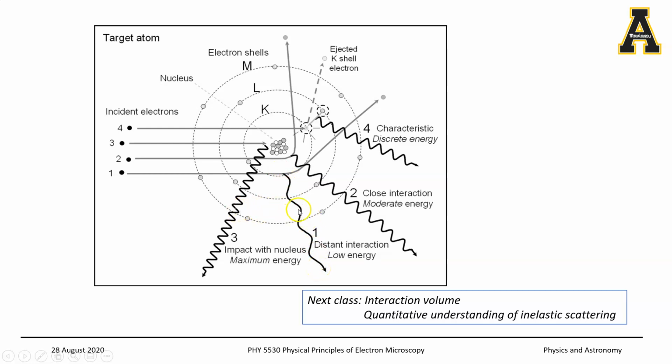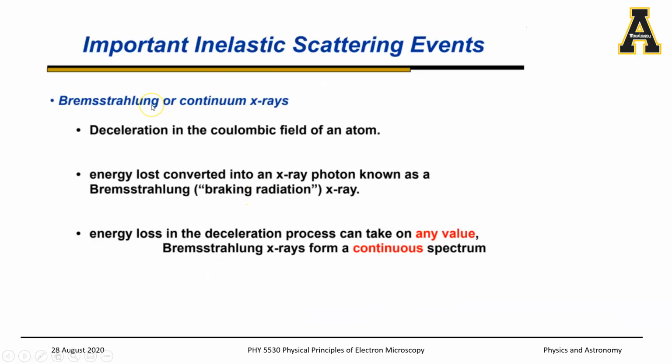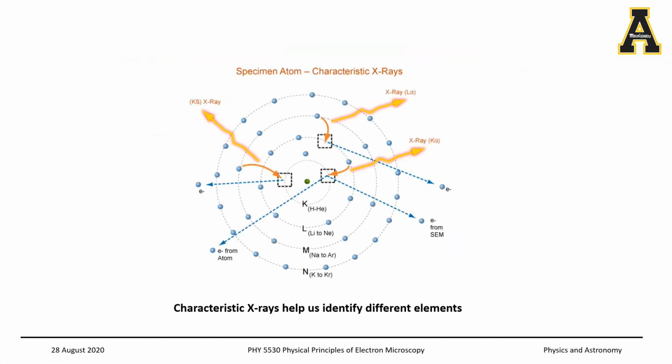Now these are just some given examples, but this can happen over the entire range of energies, which is why the Bremsstrahlung scattering process, or the Bremsstrahlung X-rays, are also called continuous spectrum X-rays, which is different from the one that we saw in the previous picture here. These are called characteristic X-rays that are associated with the X-ray that is generated as an outer shell electron replaces an inner shell electron, right?